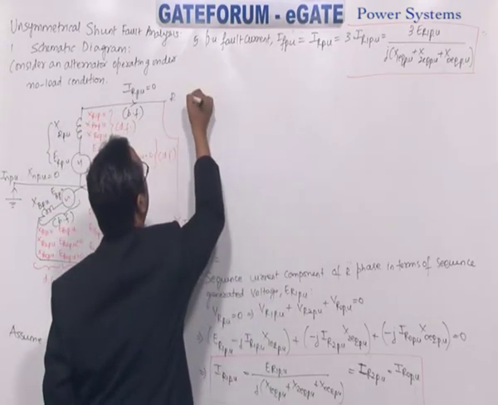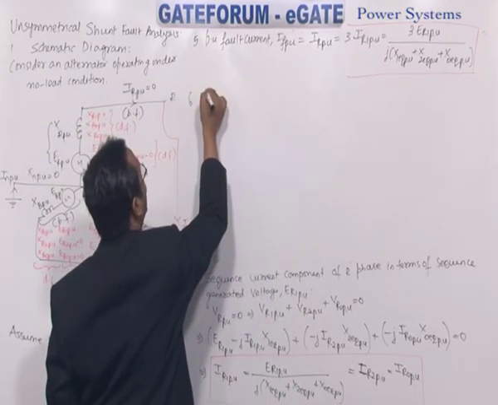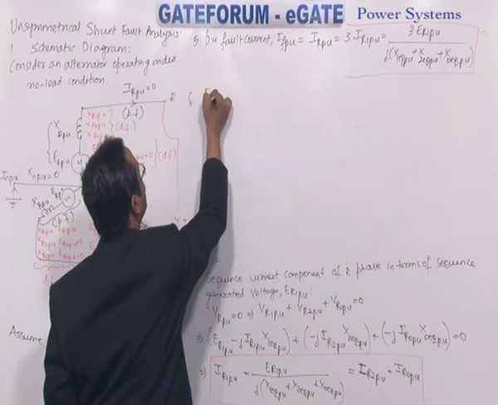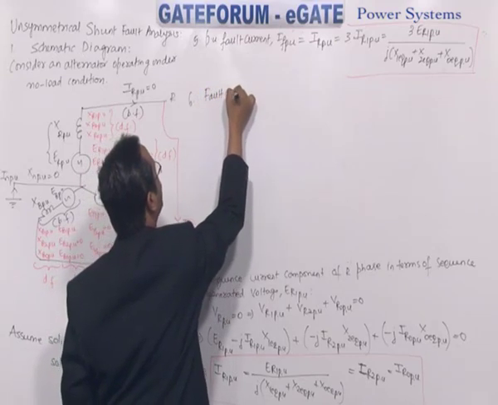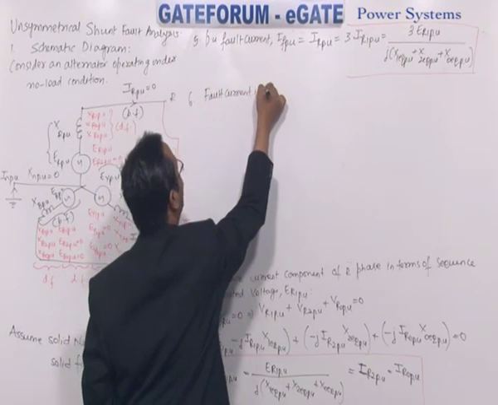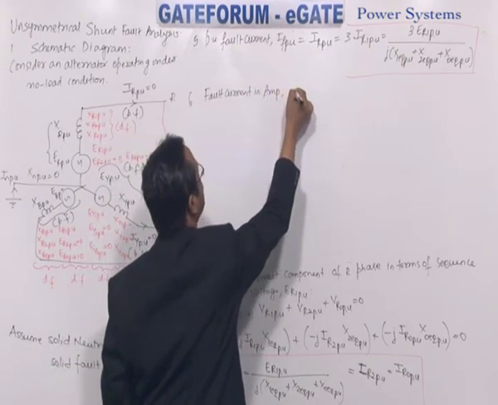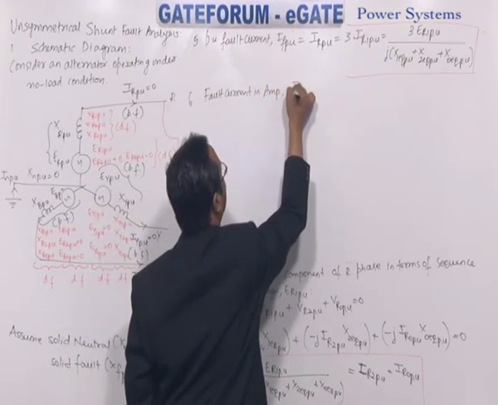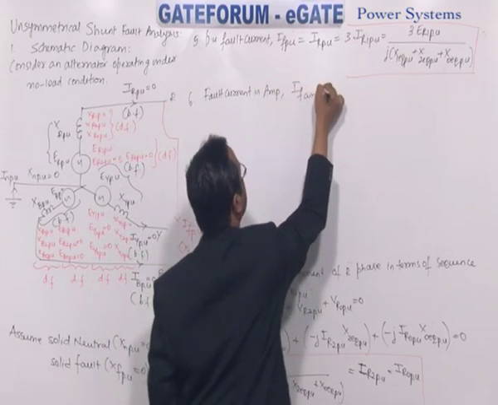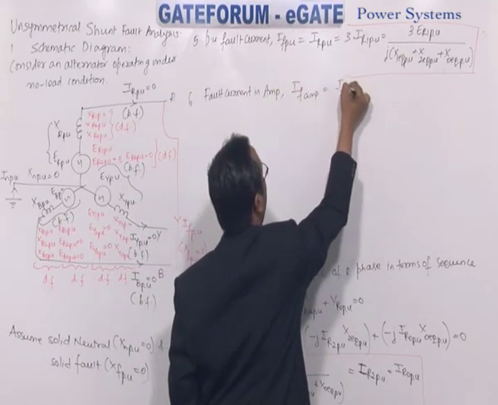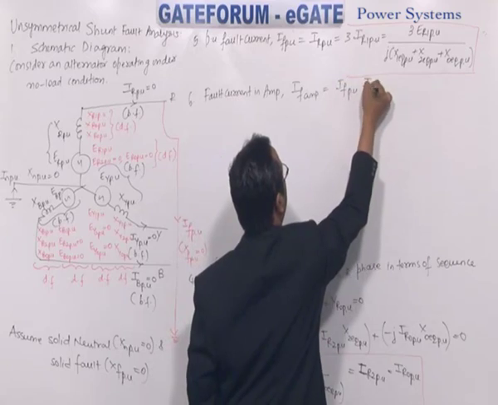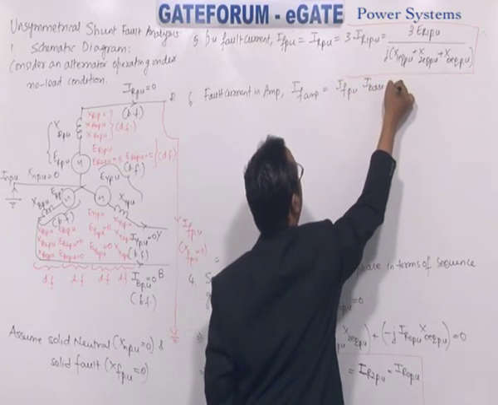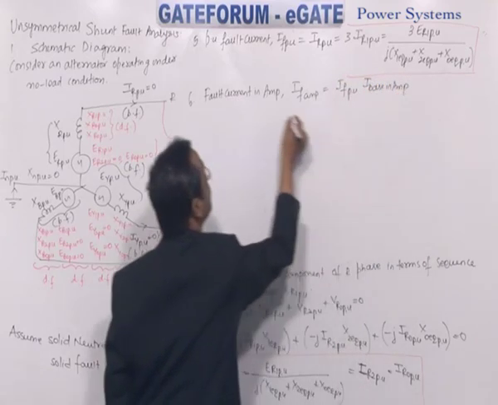Now we check what is the fault current in amperes. We know this fault current in amperes, how do you mention? The fault current in per unit multiplied by the base current in amperes.